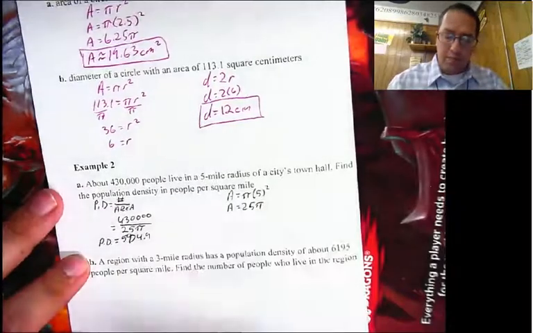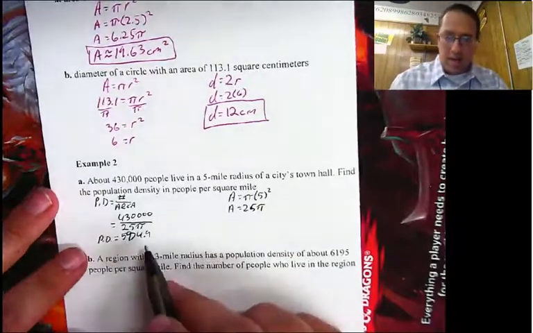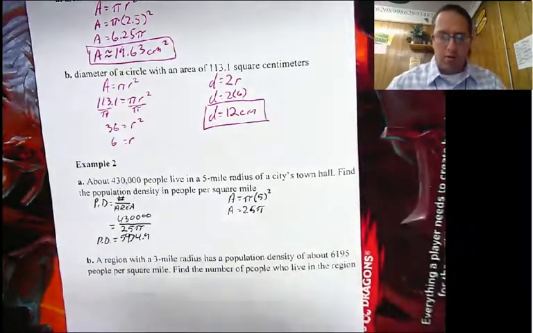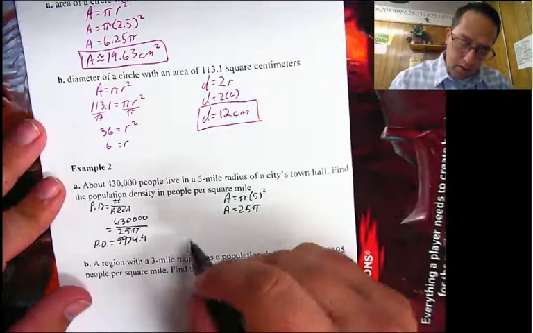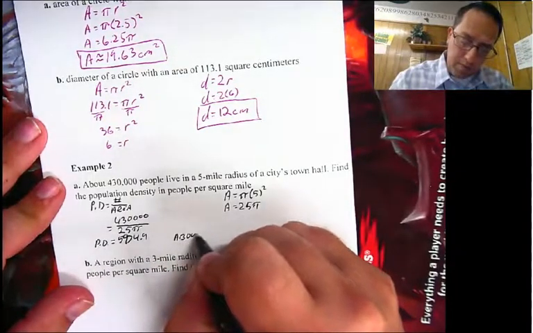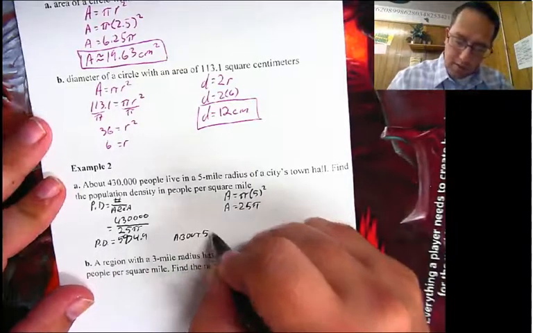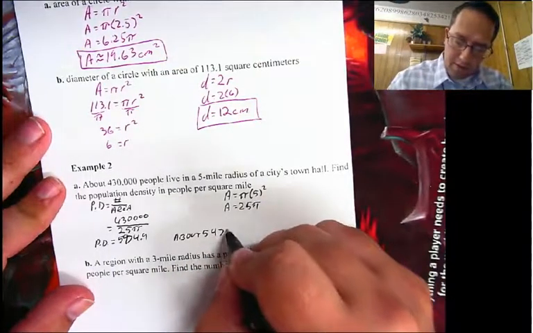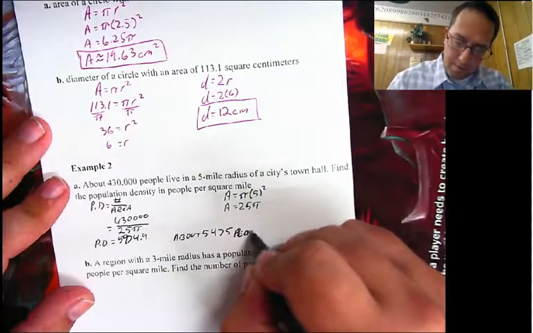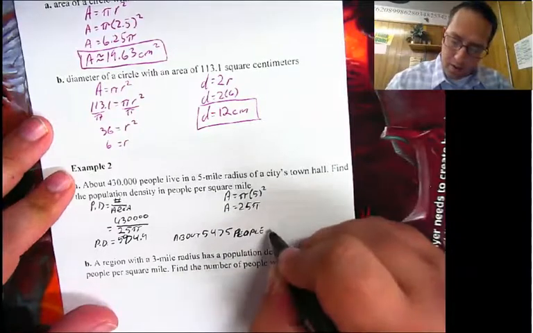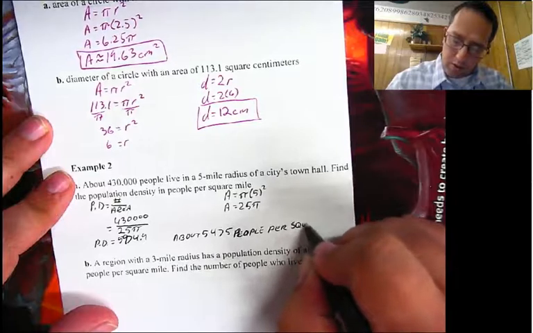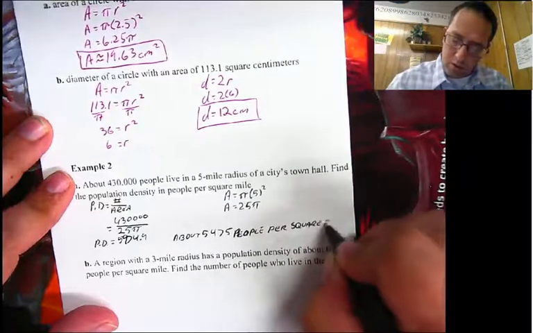Now we want this in people per square mile. I can't have 0.9 people, right? It's either a whole person or not a person. We got whole people. So we're going to round this off, and we will say that this is about 5,475 people per square mile.